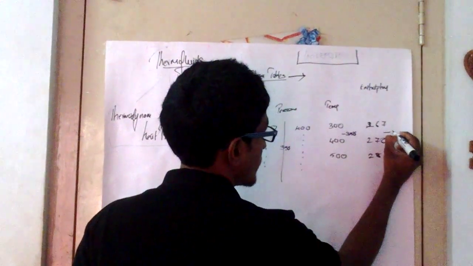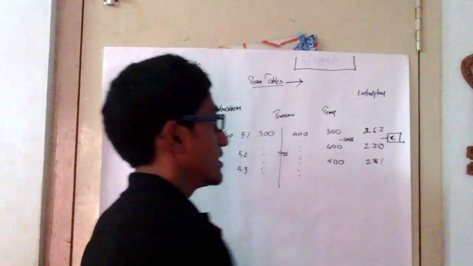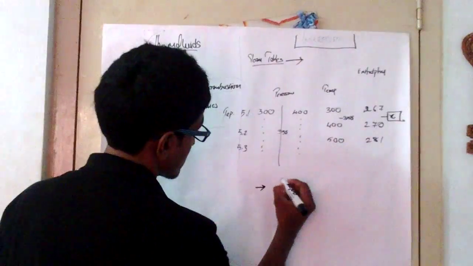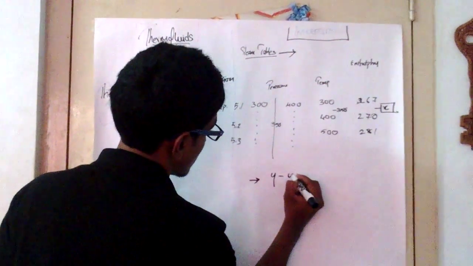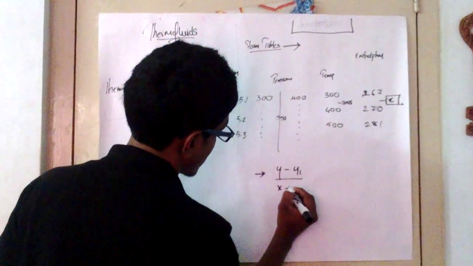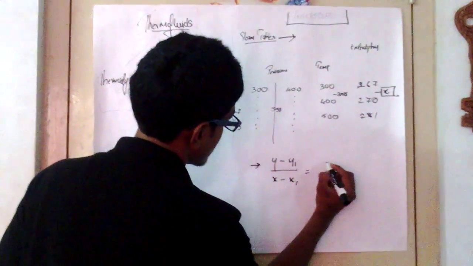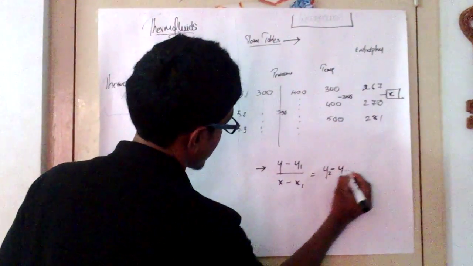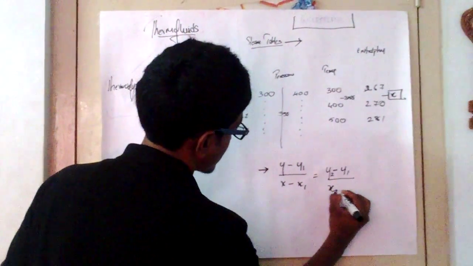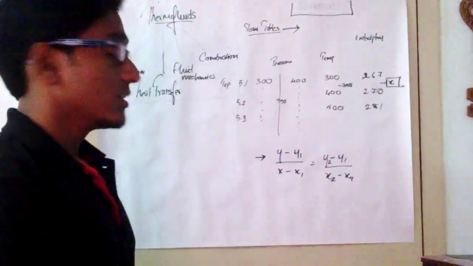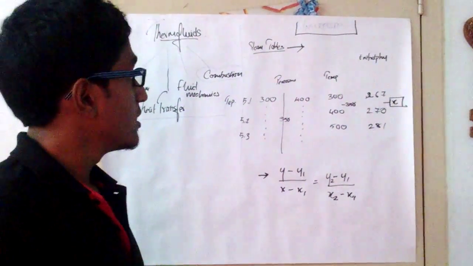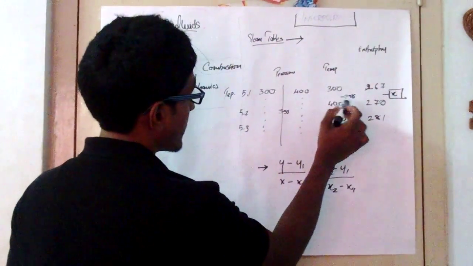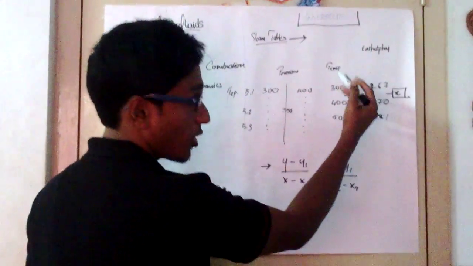Let us have this value of enthalpy be y, and I'll give you the formula for interpolation. The formula is (y - y1) / (x - x1) = (y2 - y1) / (x2 - x1). What are these terms? Suppose this is the unknown value; you pick out the value before and after that.